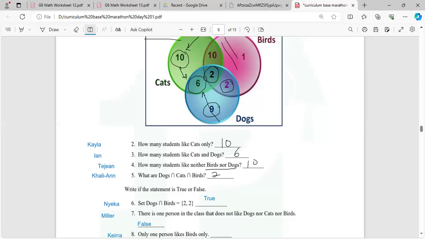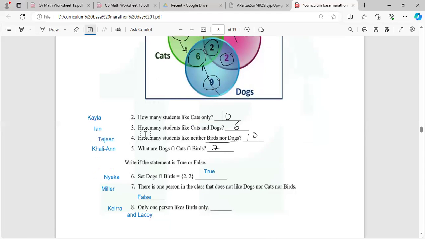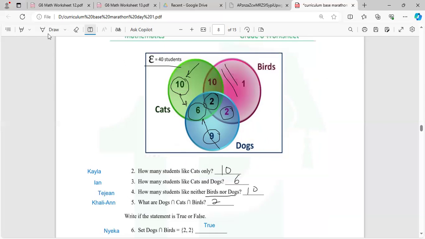Okay, she fell off, guys. All right, it's okay. So we're saying that only one person likes birds only. So for birds only, that is true. Yeah. It's right here.